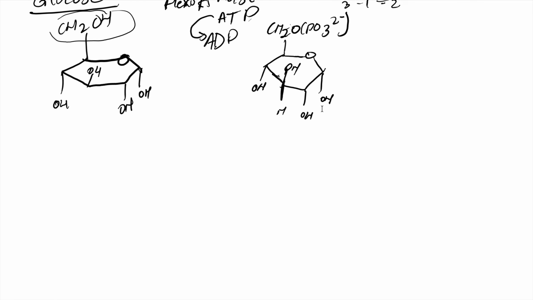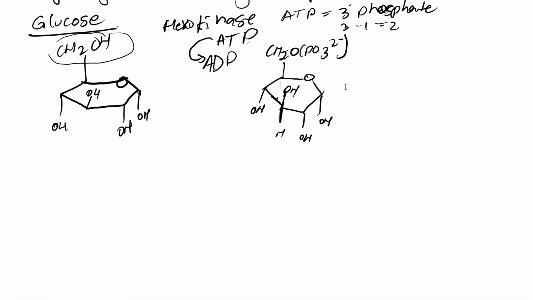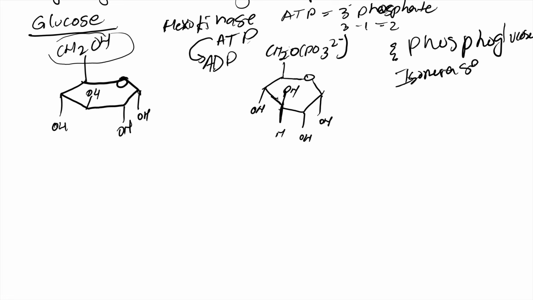We have a new enzyme, and the enzyme is called phosphoglucose isomerase. Now what that does is actually comes and cuts this bond.